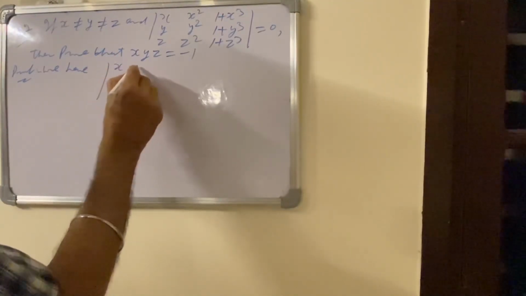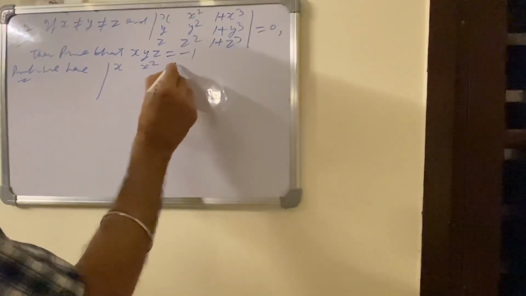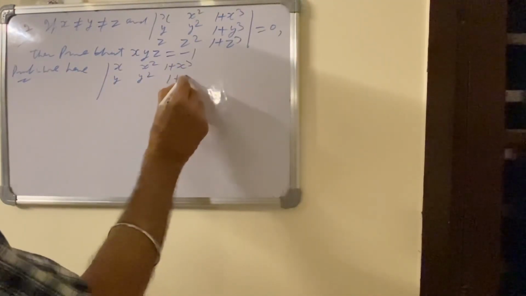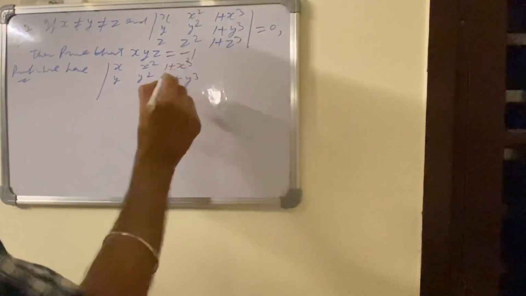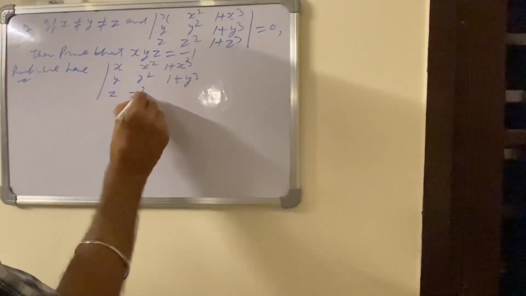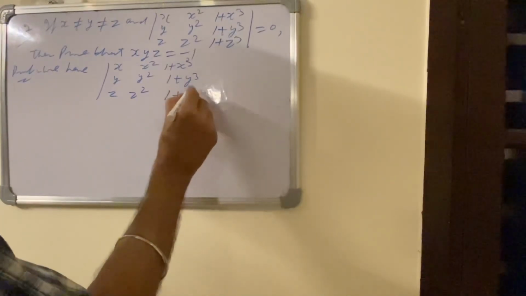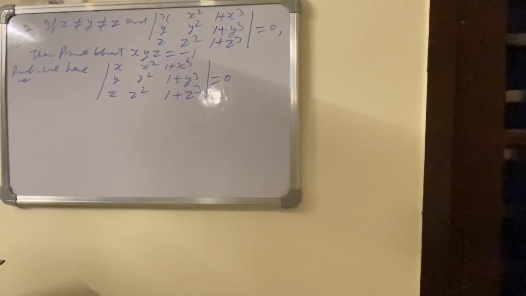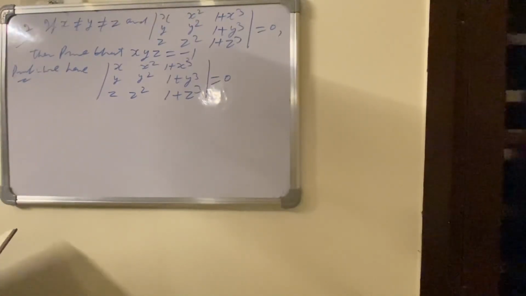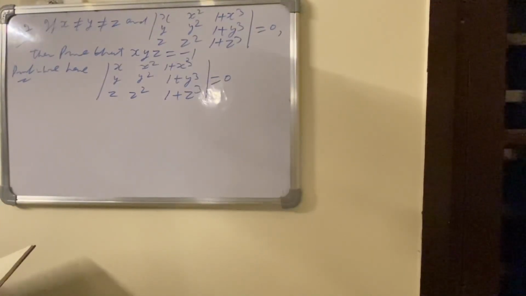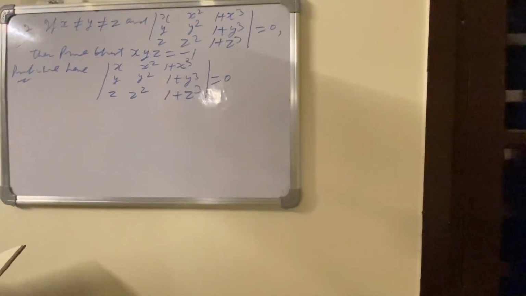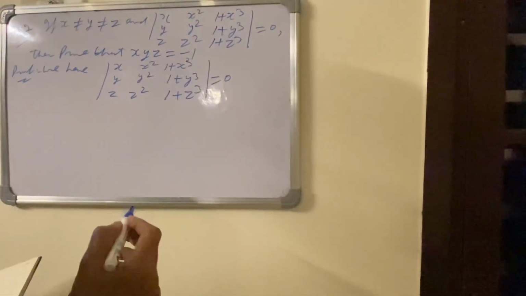We have the determinant x, x square, 1 plus x cube, y, y square, 1 plus y cube, z, z square, 1 plus z cube. We know that we have a property: if the elements of any row or column are expressed as a sum of two terms, then the determinant can be expressed as the sum of two determinants.